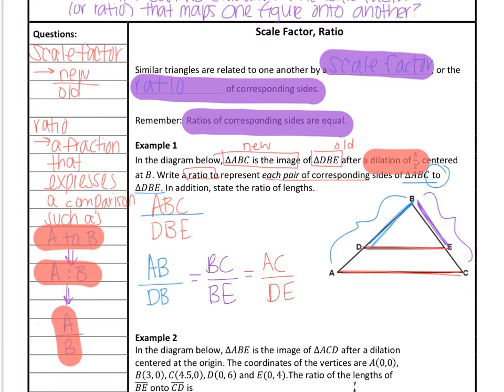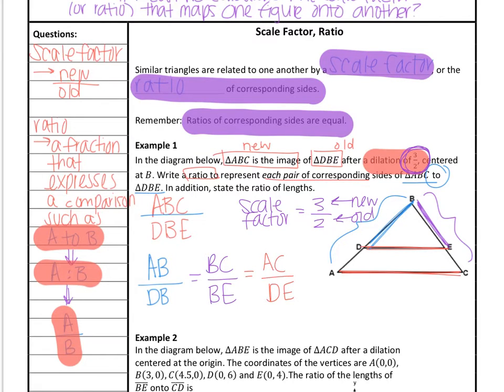Now, they did say to state the ratio of lengths. Our scale factor, remember, is new over old, and that is the scale factor that was given, 3 over 2. So scale factor is 3 over 2. This is new over old. Essentially, that's how it works.